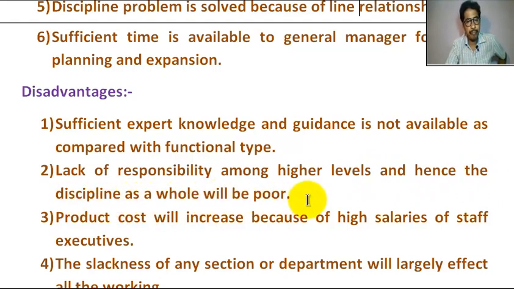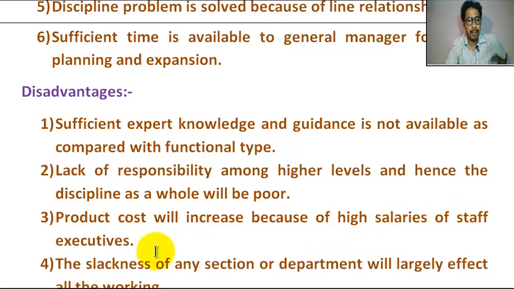whole will be poor. Okay? Number 3, production cost will increase because of higher salaries of staff organization. Production cost will be higher here because specialist staff, means staff executives, have to be kept on higher salary.